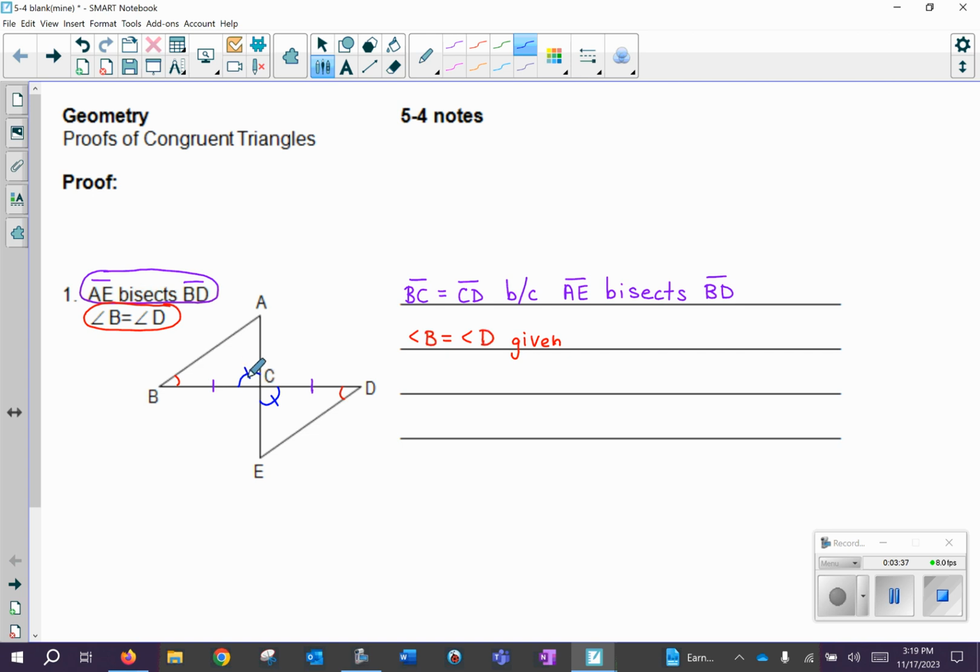So this top angle is called angle ACB equals this one could be called angle ECD. And we can't forget the because. And we're going to simply say because, B/C, because of vertical angles.